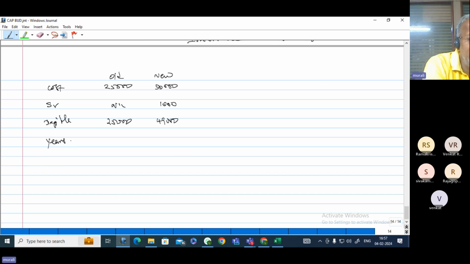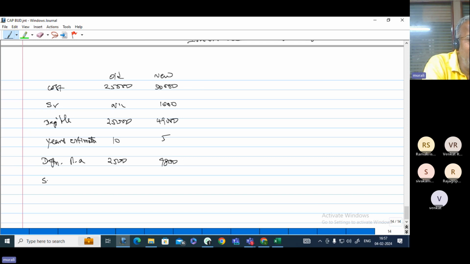Years estimated 10 years and 5 years. Depreciation per annum 2,500. And how much is that? 49,000 divided by 5 is going to be 9,800.